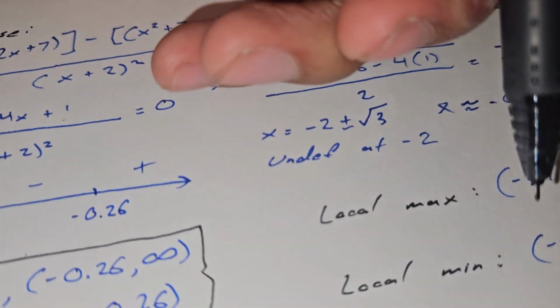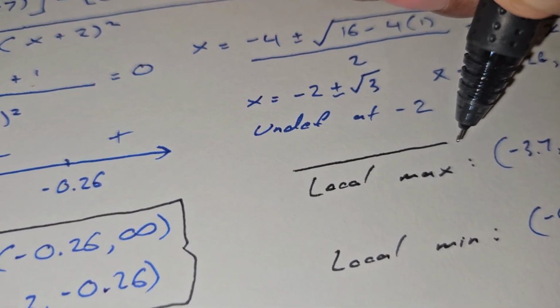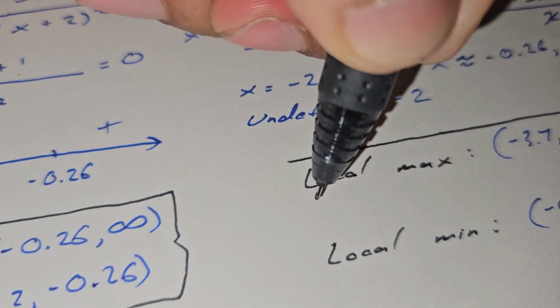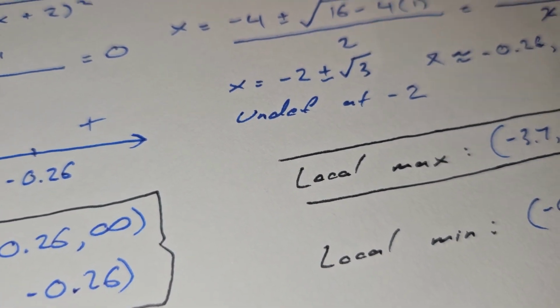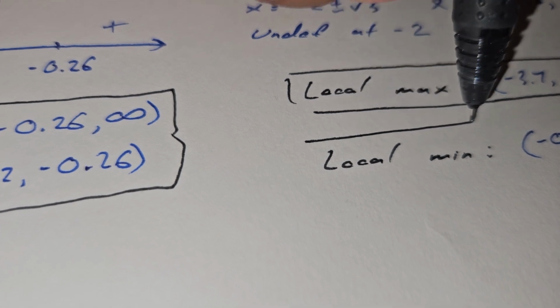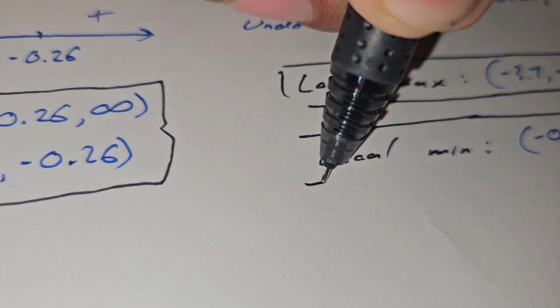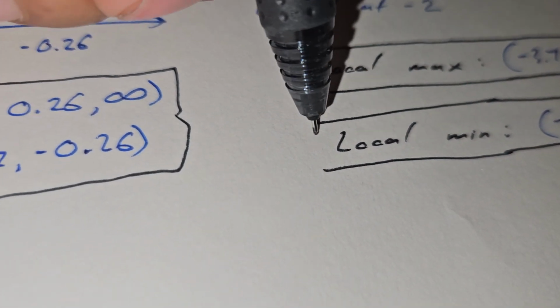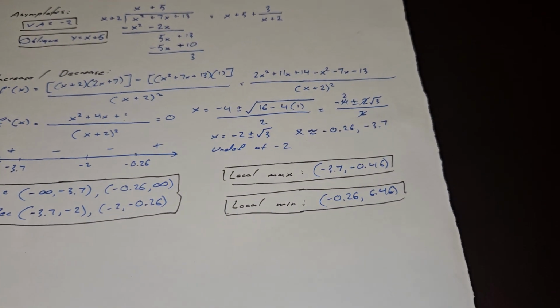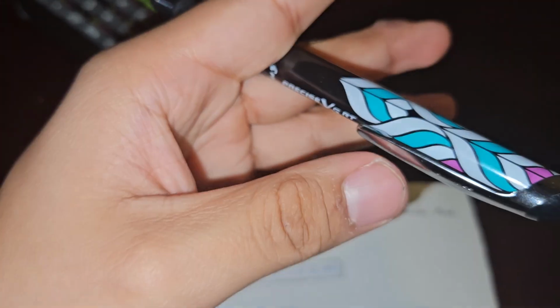So we already found our local maximum and our local minimum. Let us go ahead and move on with the question. What is it asking? Now that we already found this, let's finally find the concavity and inflection points, and then we're going to be able to sketch the graph, sketch the curve.